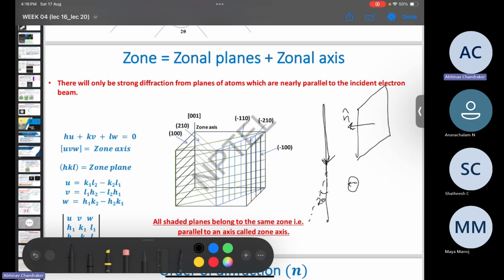And so for a particular axis, we can look at all the planes which will be perpendicular to it, and this collection of planes which are perpendicular to a particular axis are called zonal planes, and that axis is called the zone axis.